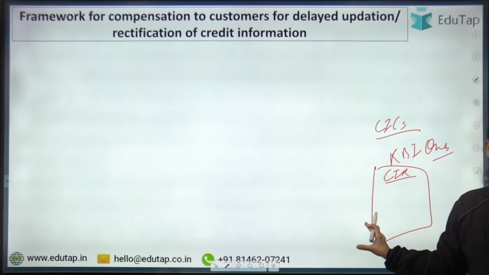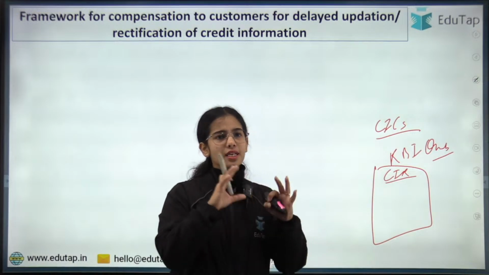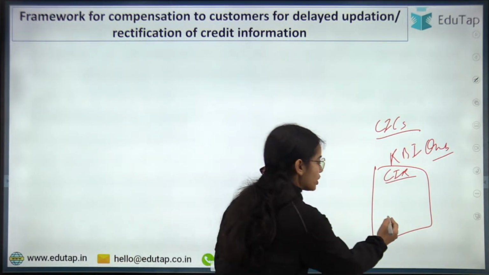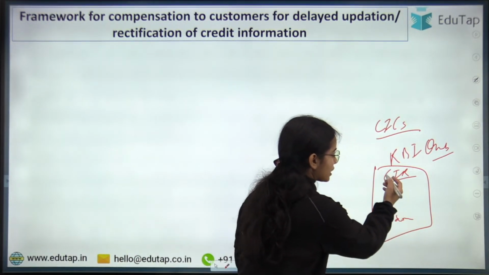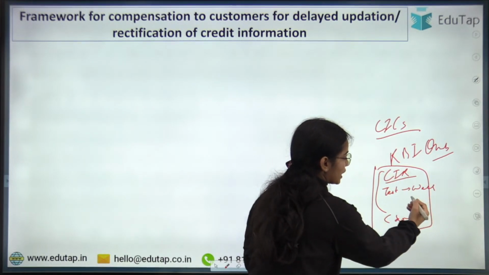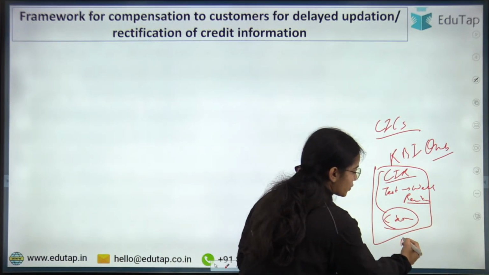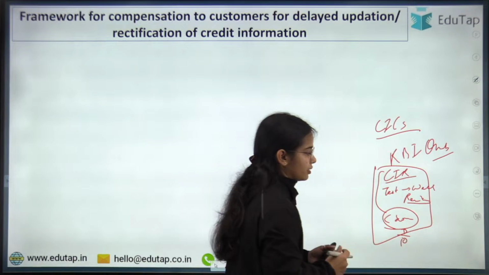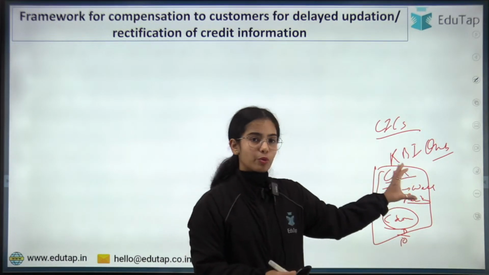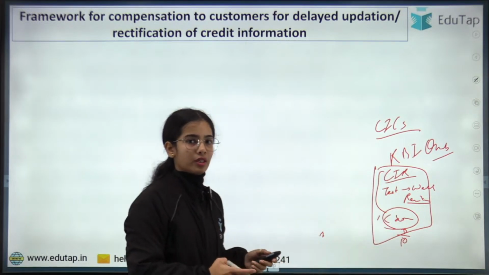It is a complete report of how much loan you have taken, how many payments you have made. But credit score is a score. Let's say the information report is the test of how well you have performed. It is a review kind of thing. And the score is the final marks that you are getting, that out of 10 you have got 8. Okay, so the credit information report is the review, and then in this report you get the score also.